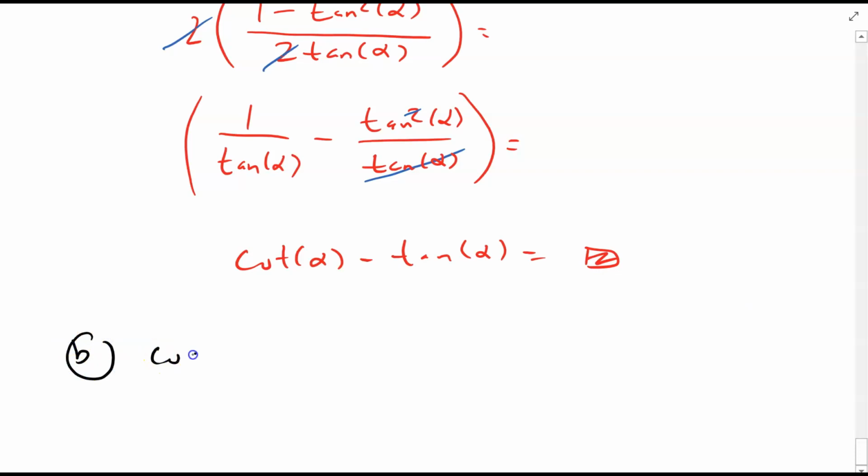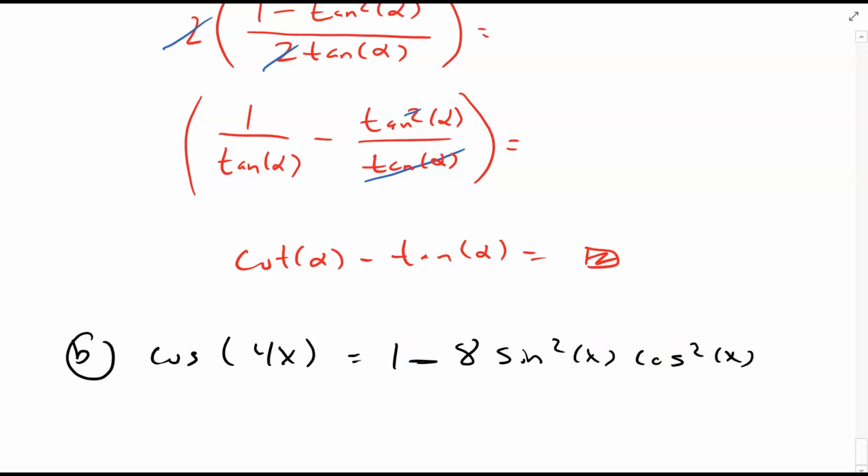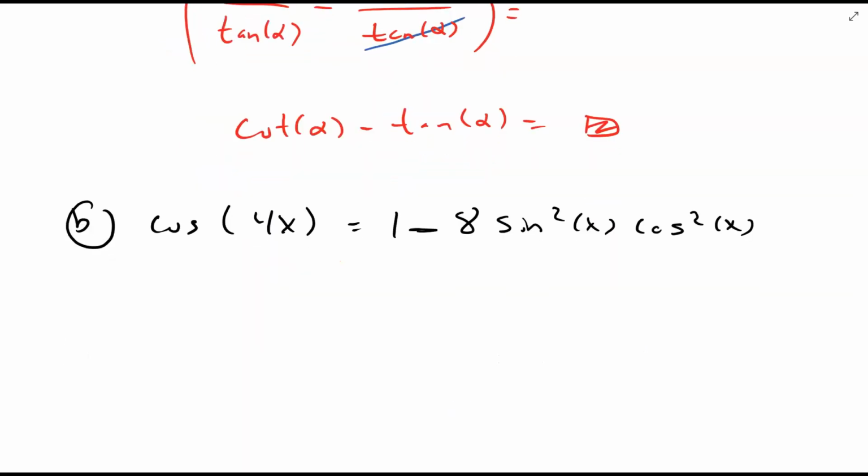What if we wanted to do cosine 4x equals 1 minus 8 sine squared x cosine squared x? Which side would you work on?